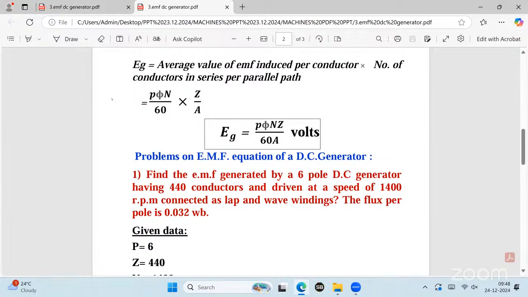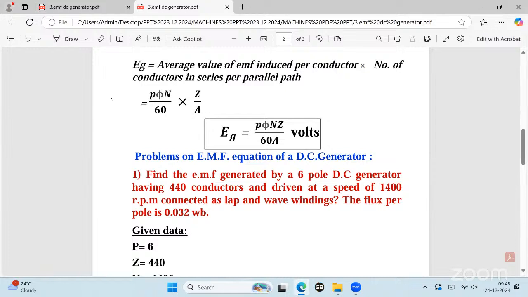For example, it is a wave winding design, P is equal to 8. Then what is A? 2. Confirm, 2. It is a constant. A is equal to 2. But for lap winding, it depends upon the poles in the problem.